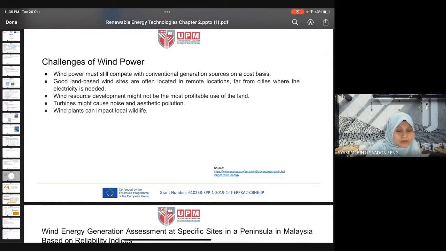When the turbine blades rotate, sometimes birds have been killed by flying into spinning turbines. So the birds sometimes accidentally hit the turbine blades, and it impacts local animals negatively. Bats as well. Those flying animals sometimes accidentally hit the wind turbine, so it's not very good for those animals.